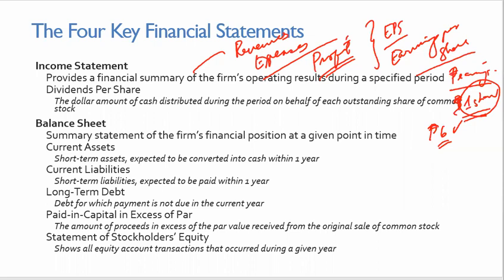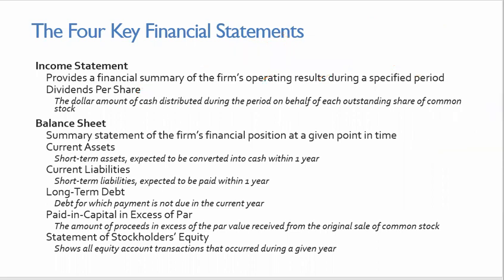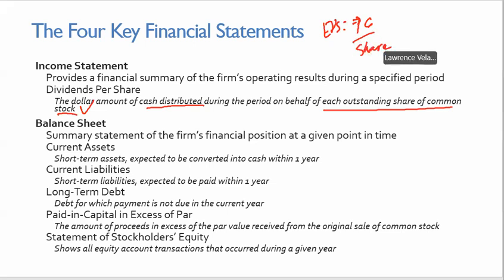You can also look at the dividends per share, although this is not explicitly included in the income statement. It shows the amount of cash distributed during the period for each outstanding common share of stock. So usually you've got earnings per share, for example 6, and for example the dividend per share is 1 peso per share.